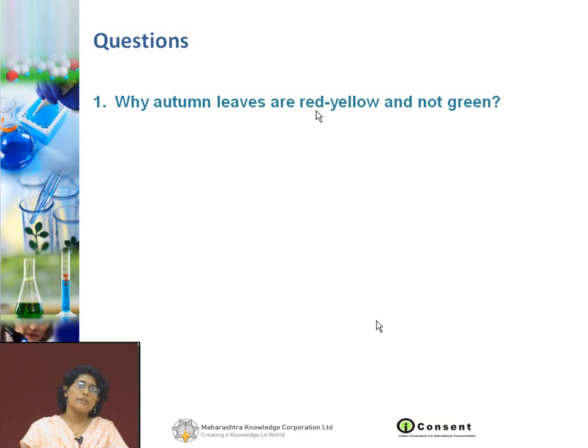There are accessory pigments which we have seen as carotenoids and anthocyanins. Carotenoids look yellow or brown in color, anthocyanins look red or purple in color. The plants prepare themselves for the winter season. In temperate regions, the winter is severe. Snowfall is there. That means the water is present only in the form of solid.